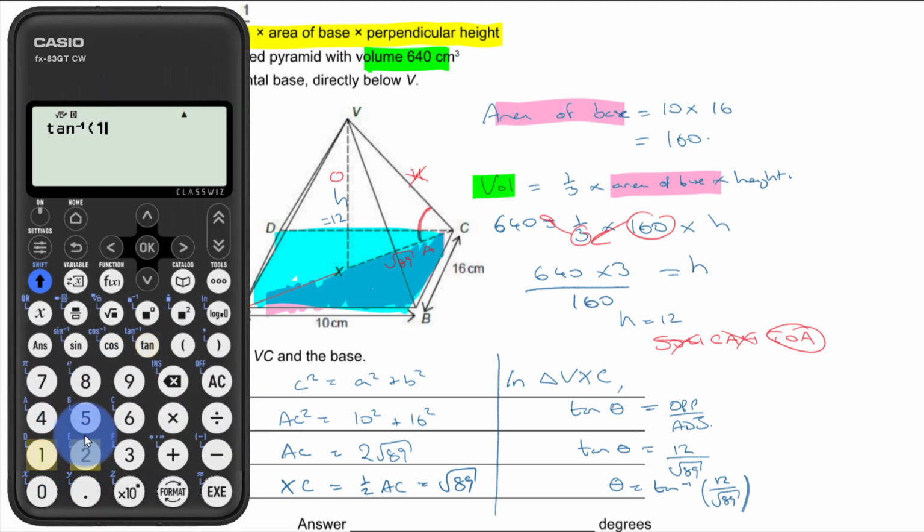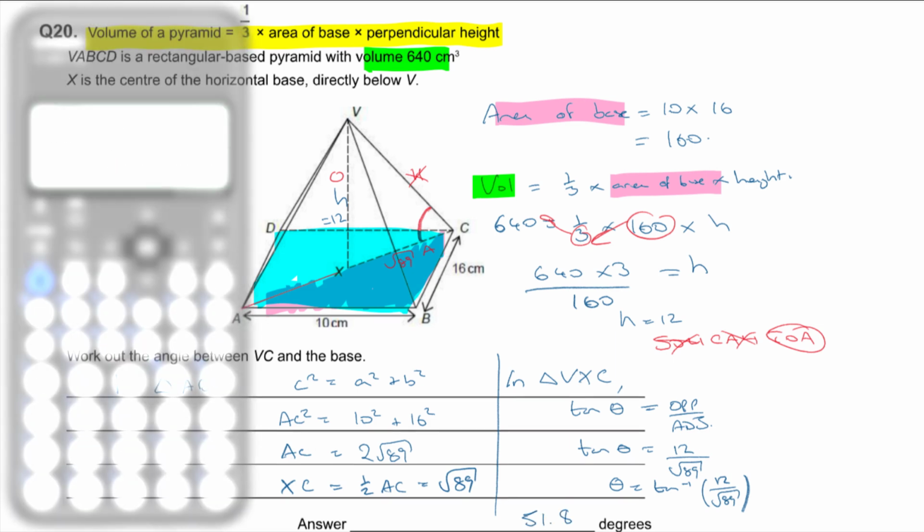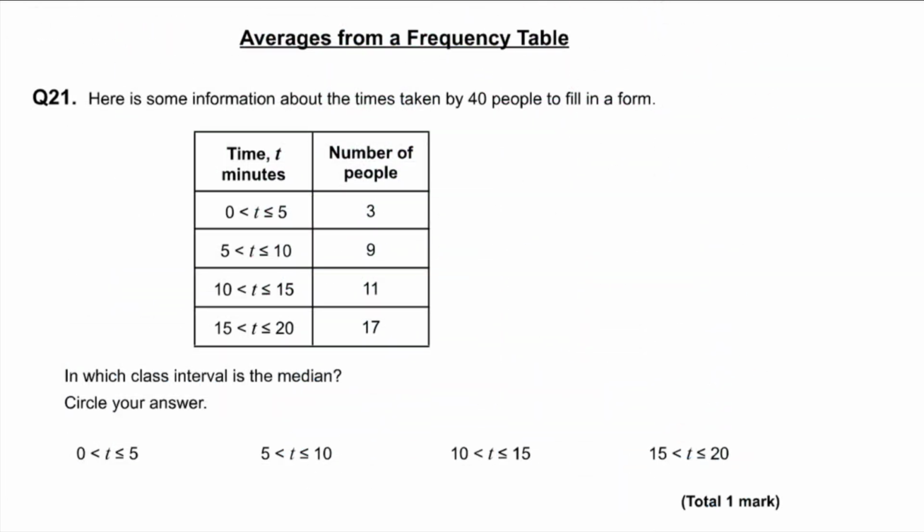Shift tan 12 over root 89. Apparently that's 51.8. 51.8 degrees. Lovely.